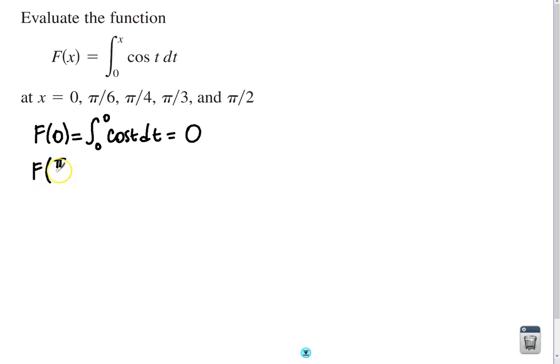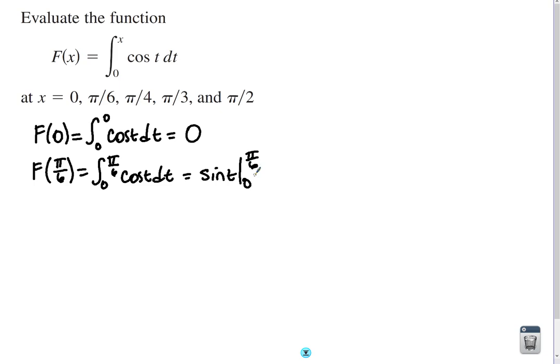Let's evaluate the next value. F of pi over 6 is the integral from 0 to pi over 6 of cosine of t dt. I know that the antiderivative of cosine is sine, so sine of t from 0 to pi over 6.